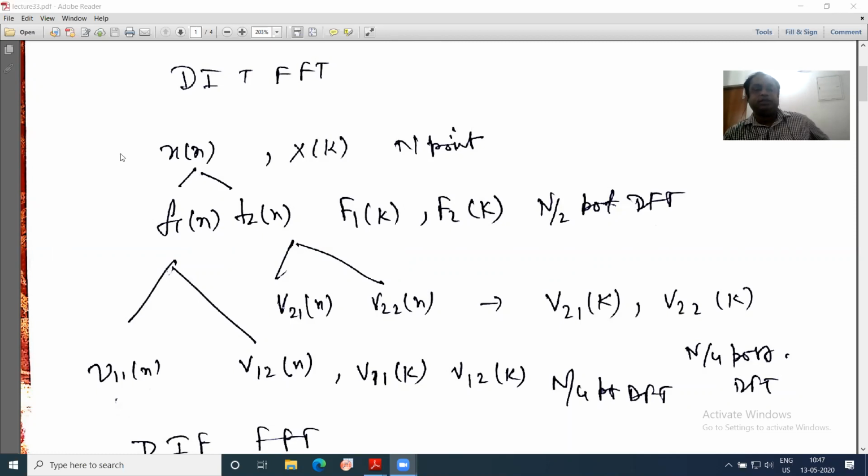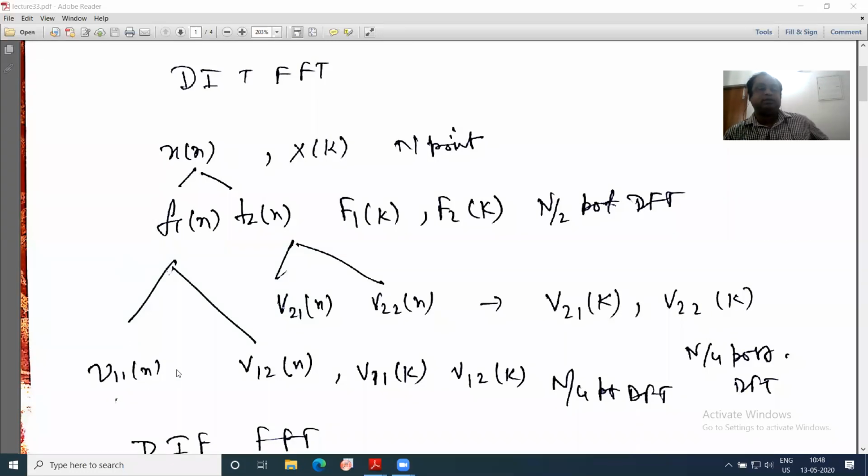So therefore, what we have observed is that in whatever calculation we have carried out, x of n is divided on the basis of odd and even sequence, and this decimation or division takes place in the time domain.